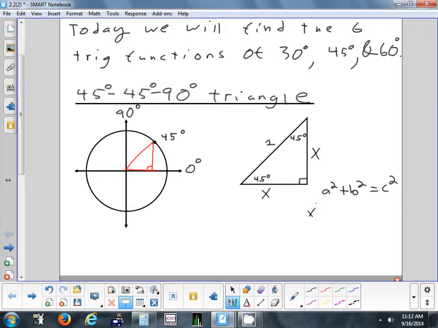Okay, so I get x squared plus x squared equals 1 squared. Now I have an equation with just one variable. Okay, Lydia, on the left-hand side, I have x squared plus x squared. What does that combine as?